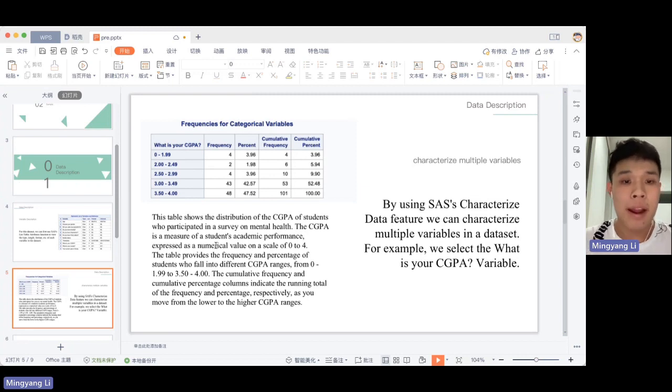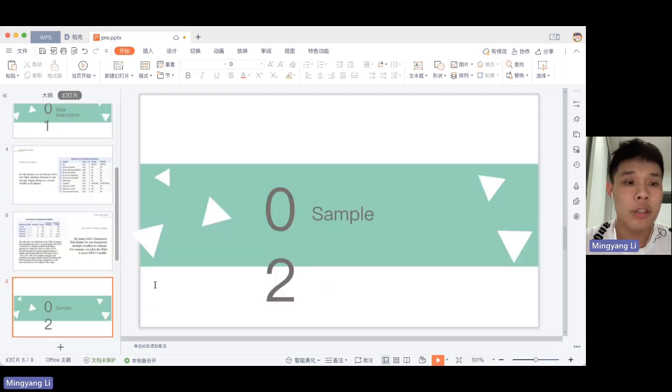The CGPA is a measure of students' academic performance, expressed as a numerical value on a scale of 0 to 4. The table provides a frequency and percentage of students who fall into different CGPA ranges, from 0 to 1.99 to 3.40 to 4. The cumulative frequency and cumulative percentage columns indicate the running total of the frequency and percentage, respectively, as you move from lower to higher CGPA ranges.